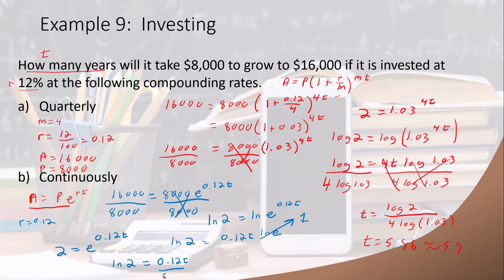Divide both sides by 0.12. Okay, that should be a 1. These will cancel, and we have that t is equal to the natural log of 2 divided by 0.12.